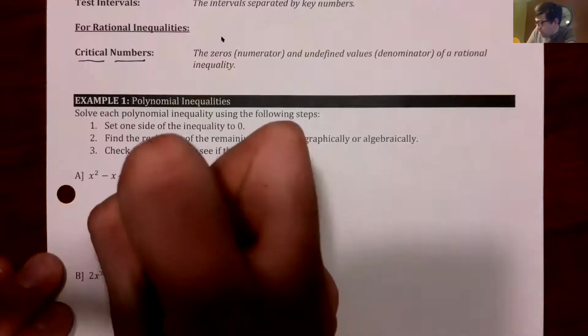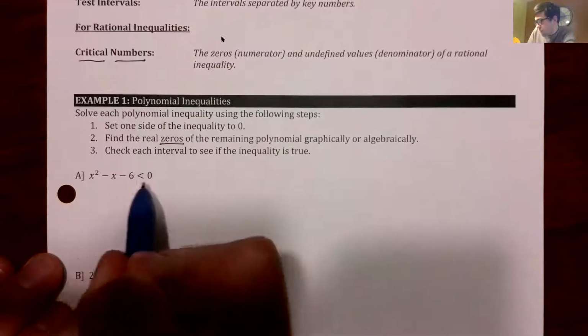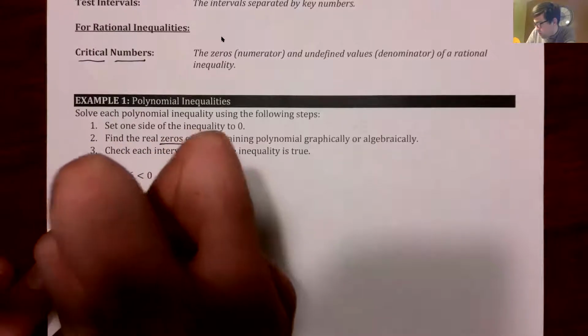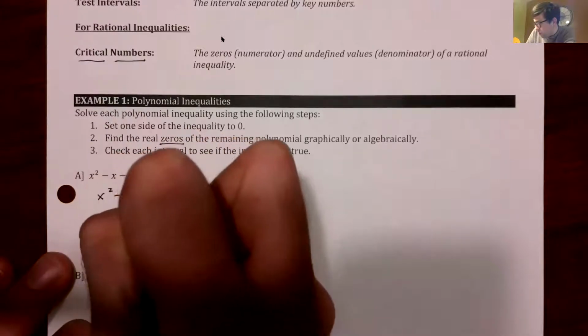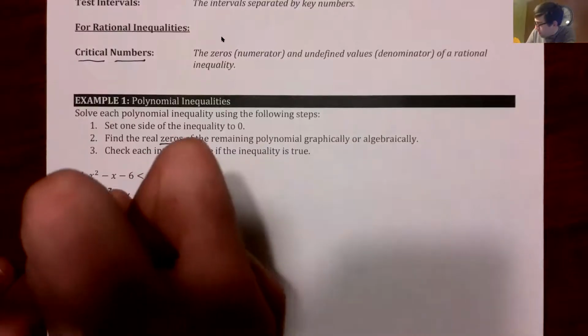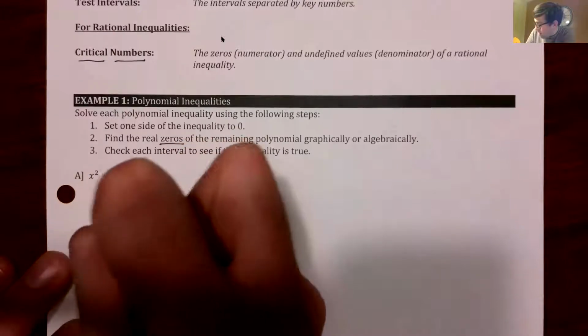So to find the zeros, once this is set up with a 0 on one side, we are going to just temporarily solve for the zeros or the x-intercepts. So to do that, we're going to, just for a moment, set it equal to 0. And if we factor this, we'll get x plus 2 and x minus 3.